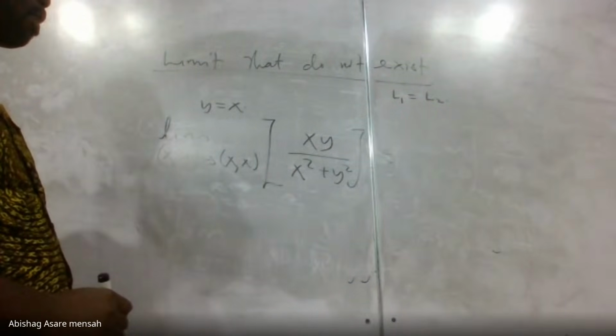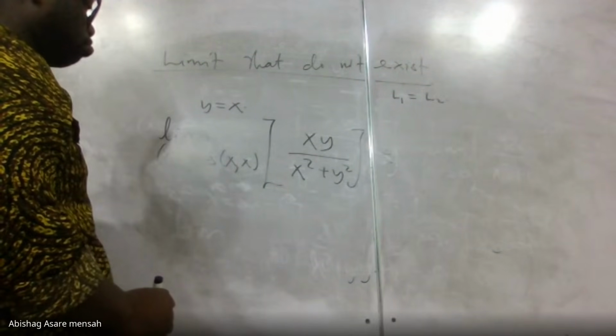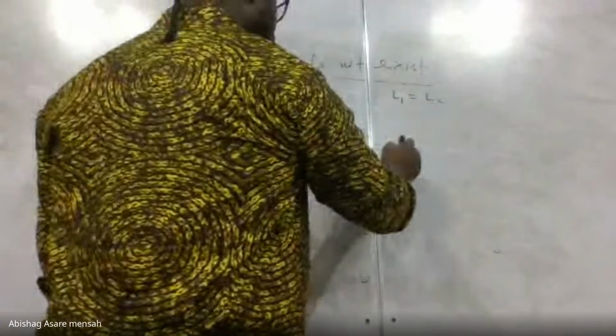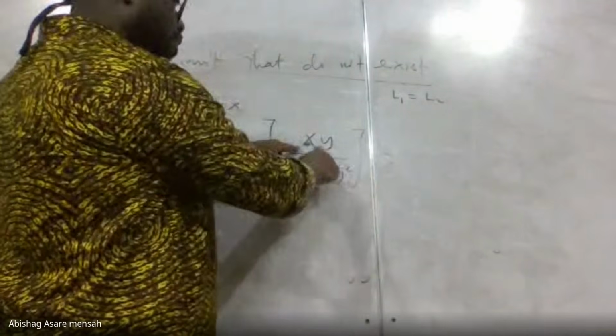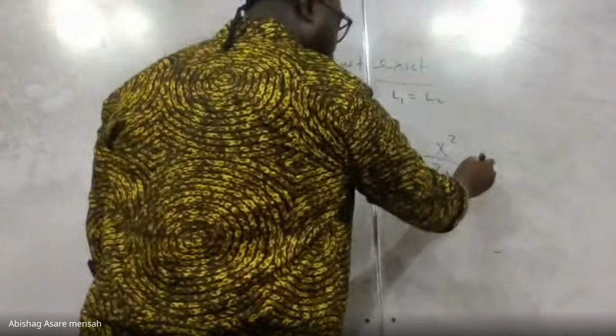So what will be the answer? So xy becomes x squared, right? And x squared plus what? x squared.